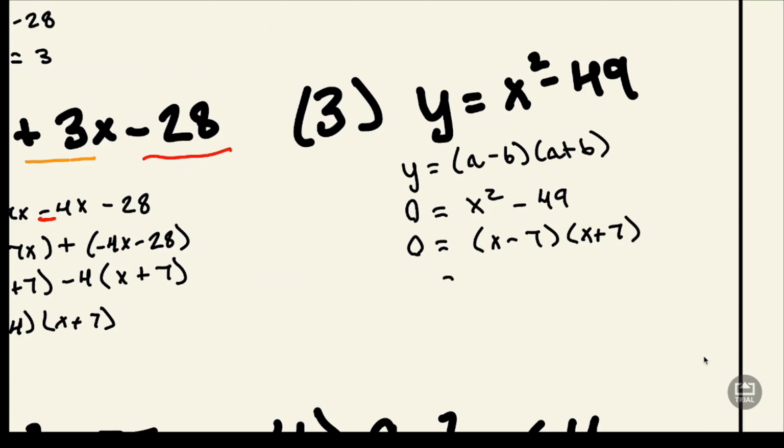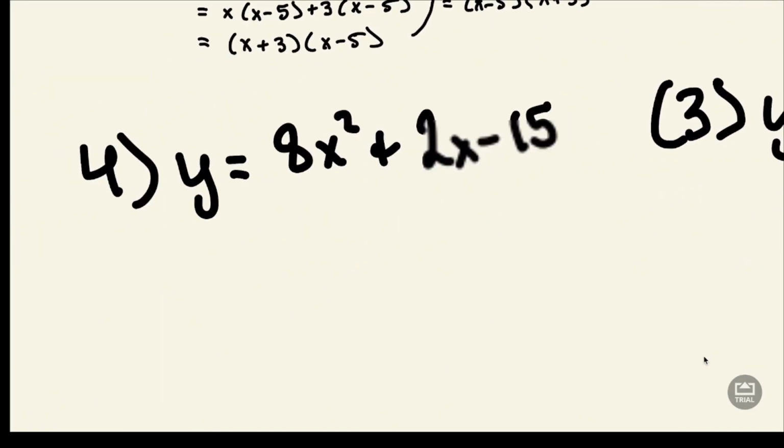It can also be x plus 7, x minus 7. It does not matter, because when you FOIL it out, it will give you the exact same answer. And that's basically it for that question.